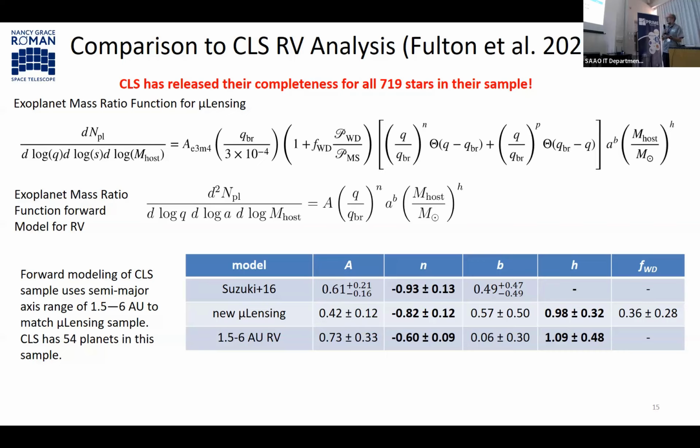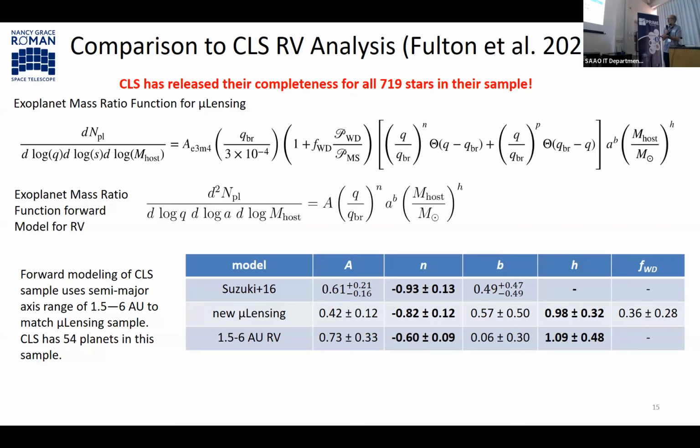But here, we fit a similar model and we cut the California Legacy Survey sample to separations between 1.5 and 6 AU to roughly correspond with microlensing sensitivity. We get a very similar power law, basically favoring the sort of Neptune mass planets.